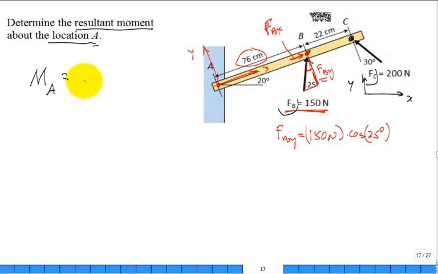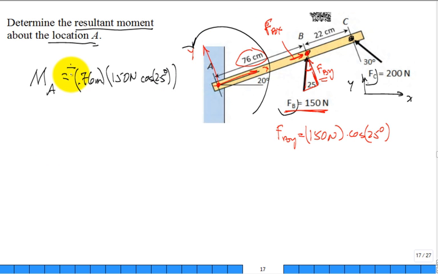So you would get 0.76 meter times 150 Newton times the cosine of 25. That would be due to the first one. That was making it want to rotate in the positive sense, so leave a positive sign out there.